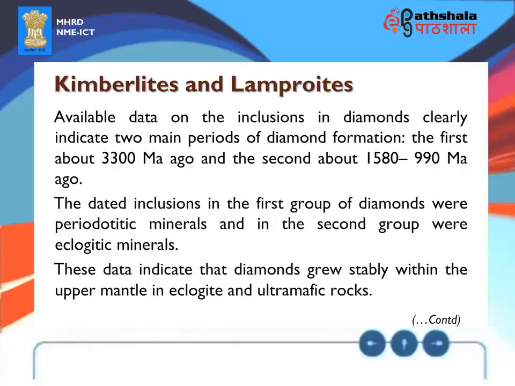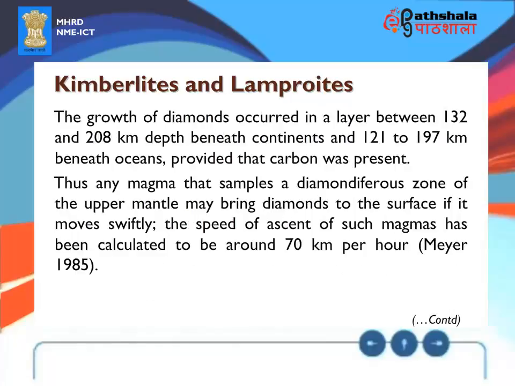These data indicate that diamonds grew stably within the upper mantle in eclogite and ultramafic rocks. The growth of diamonds occurred in a layer between 132 and 208 km depth beneath continents and 121 to 197 km beneath oceans, provided that carbon was present.